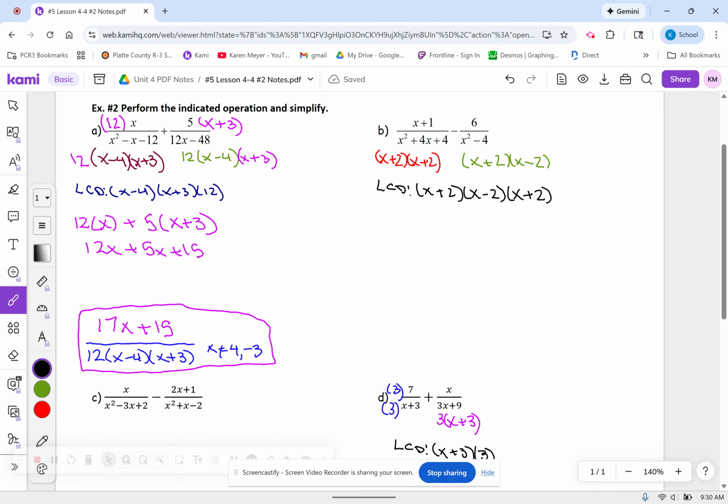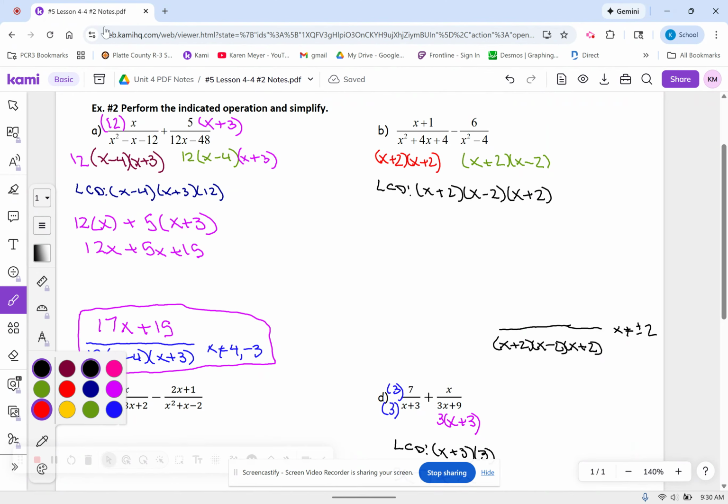Okay, so somewhere way over here where we're going to write our answer, we're going to have these three parentheses on the bottom. And then x cannot equal positive 2 and negative 2, so I'm just going to say plus or minus 2. If you want to still list positive 2, comma negative 2, you're more than welcome to do that as well.